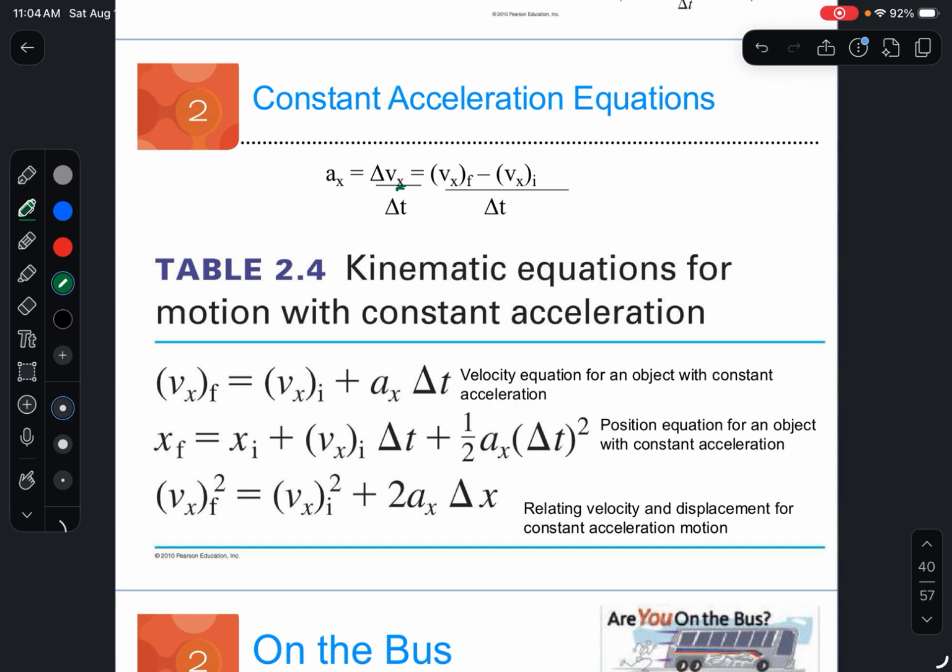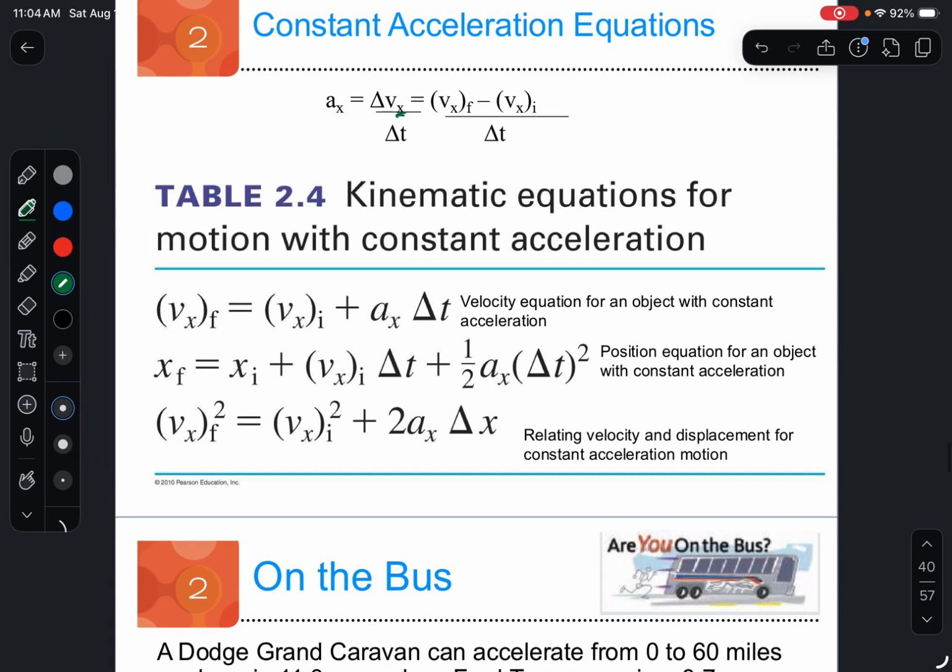Anytime you are dealing with motion with constant acceleration, you will use one of these three kinematic equations. You only use these kinematic equations for constant acceleration. The first is a velocity equation for an object with constant acceleration. The second one is a position equation for an object with constant acceleration.